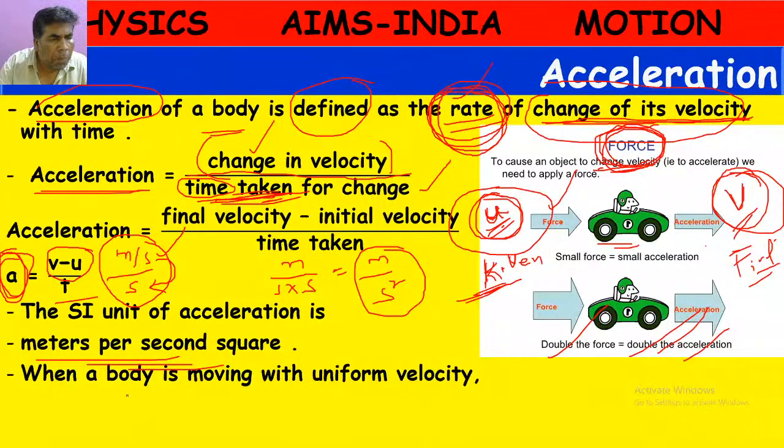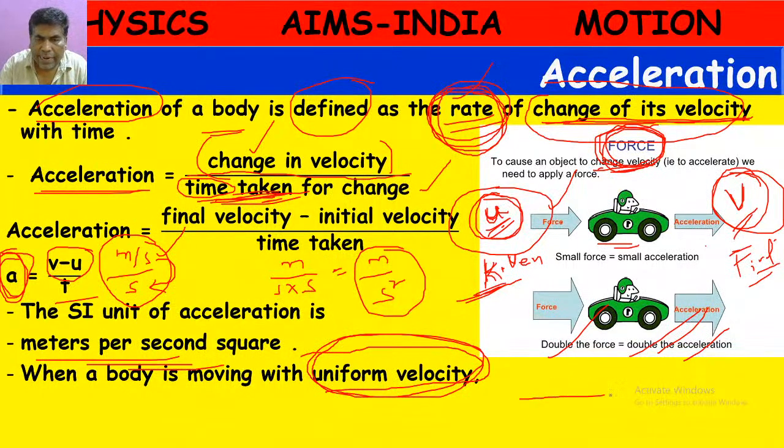So when a body is moving with uniform velocity, means on a straight road, one car is moving. In the beginning, its velocity is 50 meter per second. It is traveling with the same velocity throughout its journey without applying any brake or any accelerator.